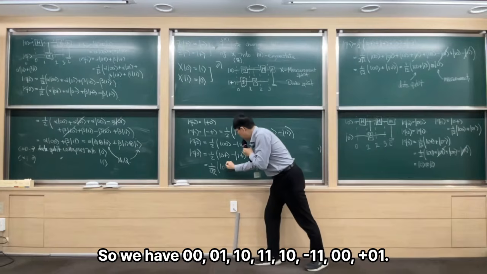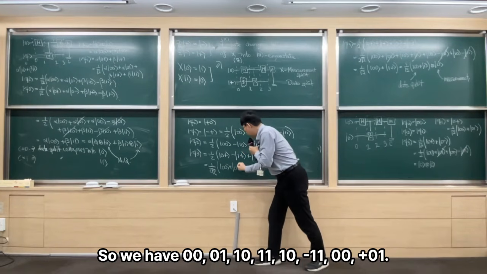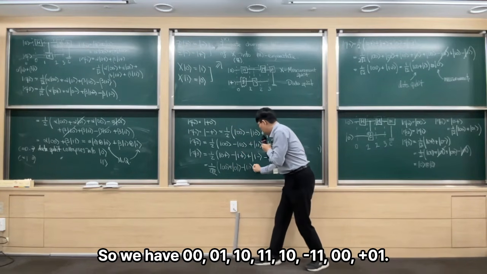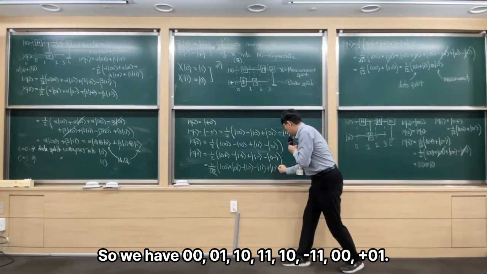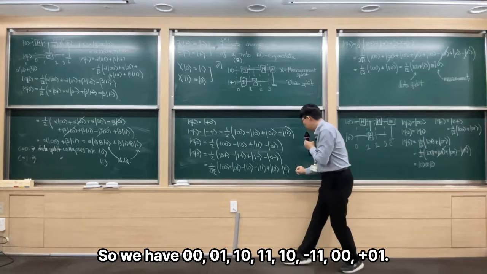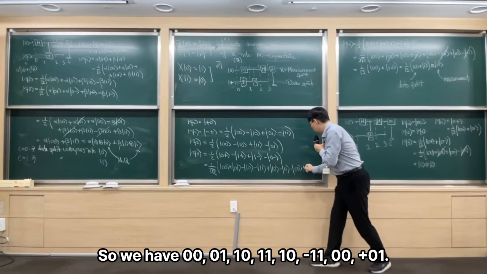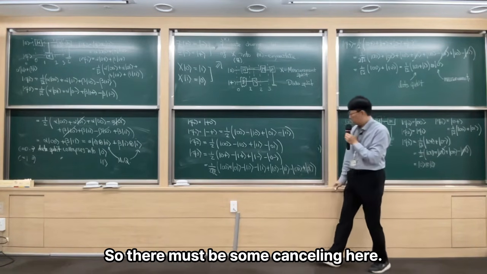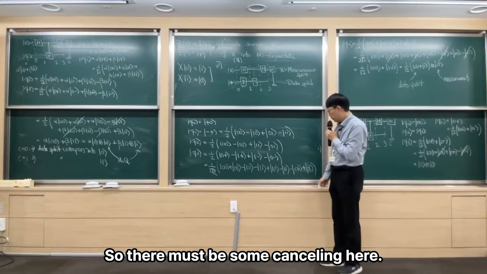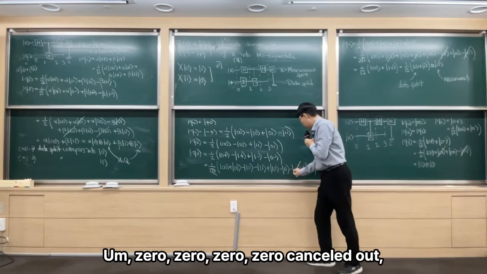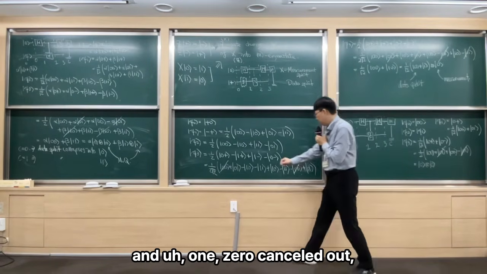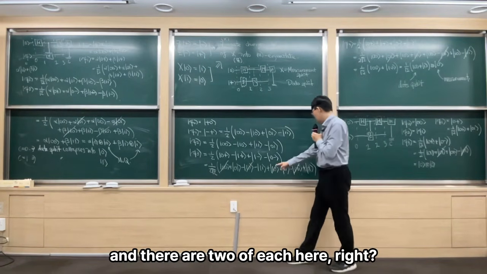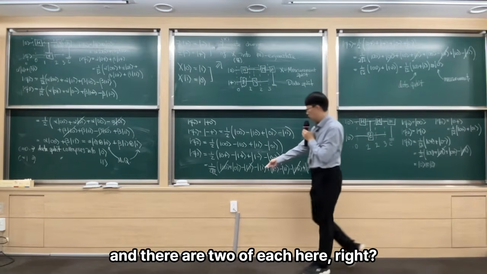So we have 0, 0, 0, 1, 1, 0, 1, 1, 1, 0, minus 1, 1, 0, 0, plus 0, 1. So there must be some canceling here. 0, 0 and 0, 0 canceled out, and 1, 0 canceled out, and there are 2 of each here, right?